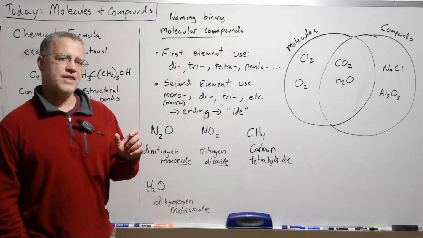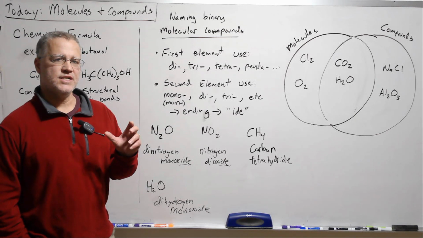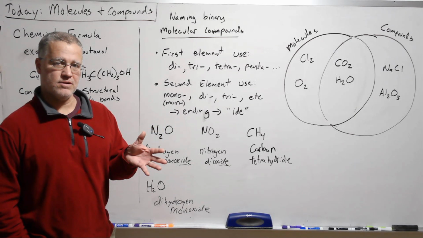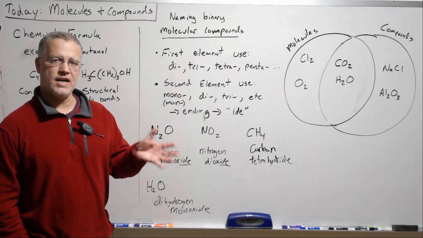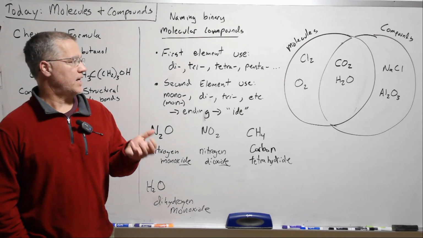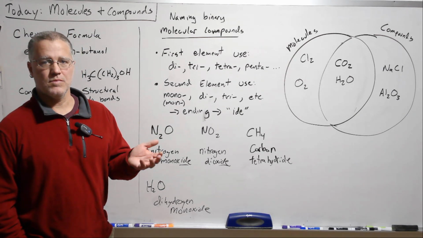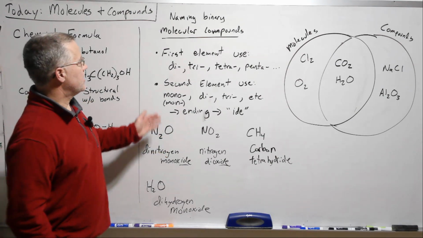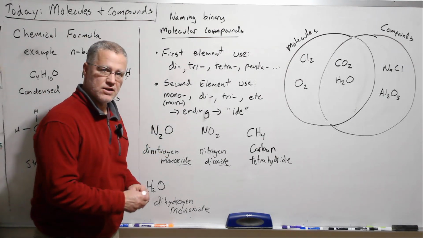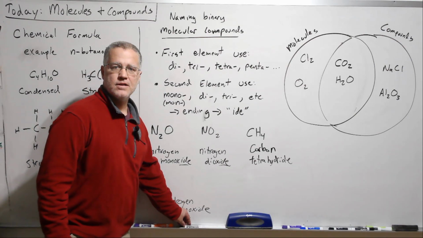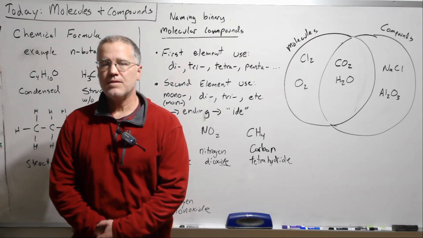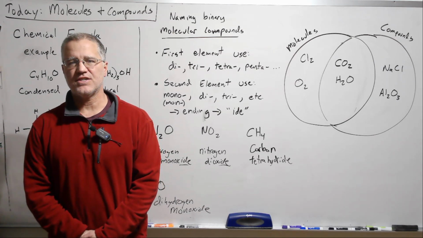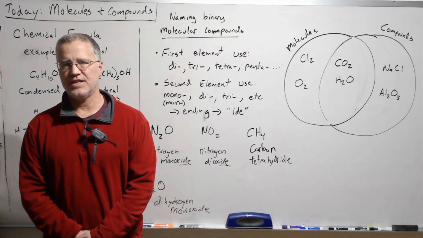So the big thing at the end of these two lectures is that you can identify, do I have a molecular compound, a molecule, or an ionic compound, and then can I name them with the appropriate naming scheme? And this is the binary molecular naming scheme. All right, so again, practice these in the homework, and there should be a lot of examples in whatever book you've decided to use for this course.